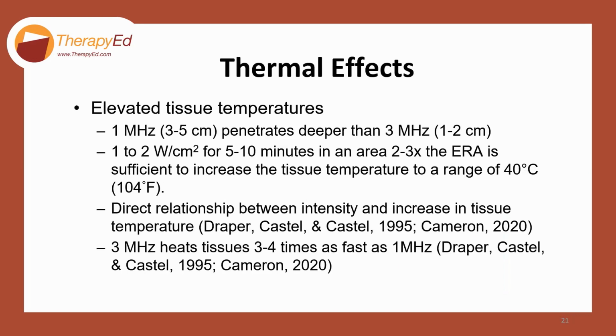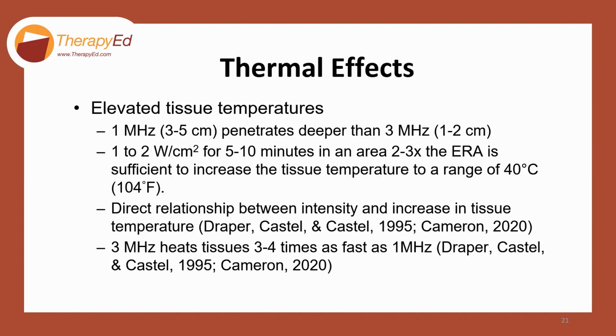We should understand the thermal and non-thermal effects when we're using something. With the thermal effects, you have elevated tissue temperatures. That's great. And of course, 1 megahertz can do that, as well as 3 megahertz, but it depends on the depth. And you need to use sufficient thermal properties or enough intensity to get heat.